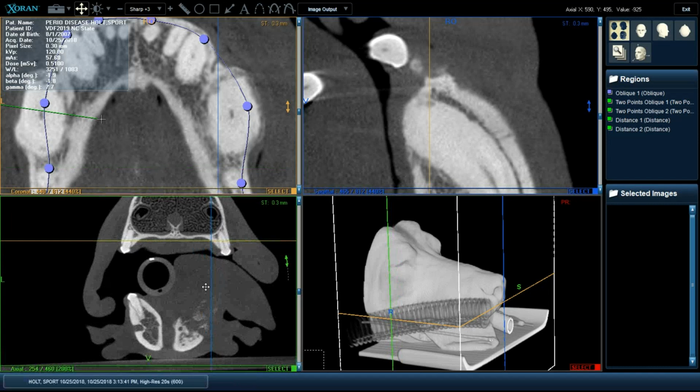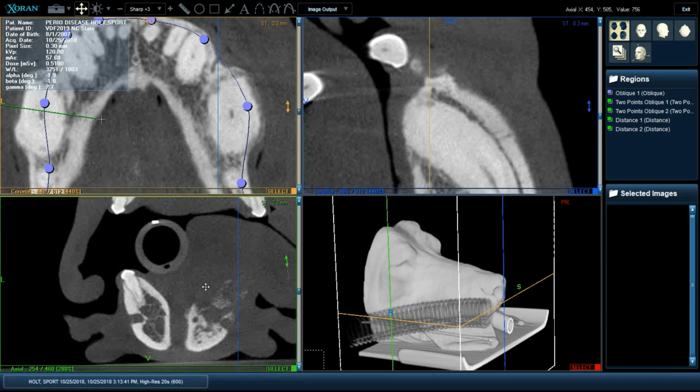And we make our way back. Clearly, this lesion now, this is for another day, another discussion, but this sort of destructive bone loss is pathologic as compared to the contralateral crest, which is normal.